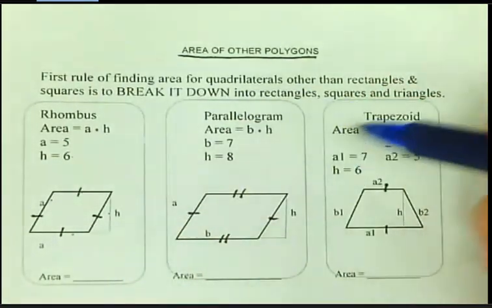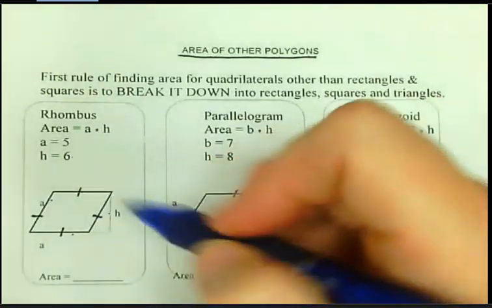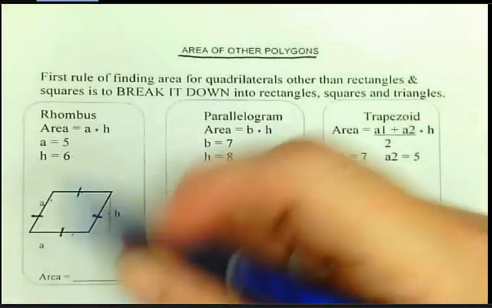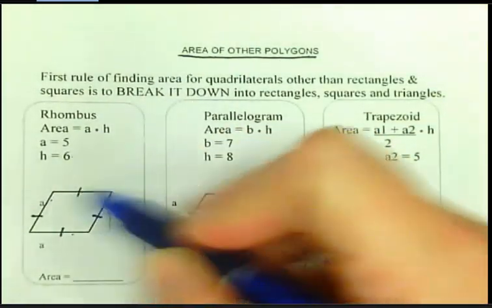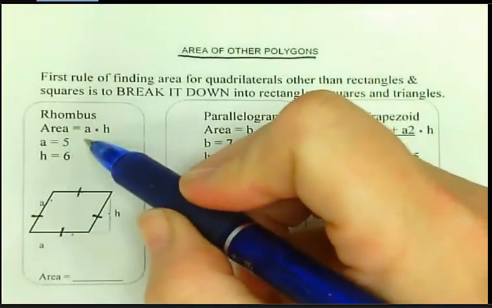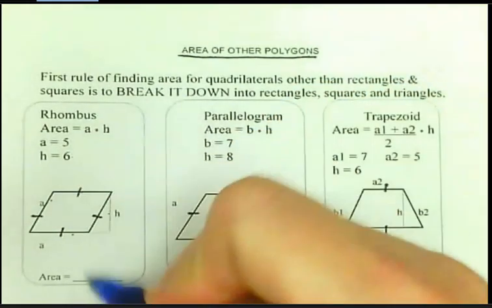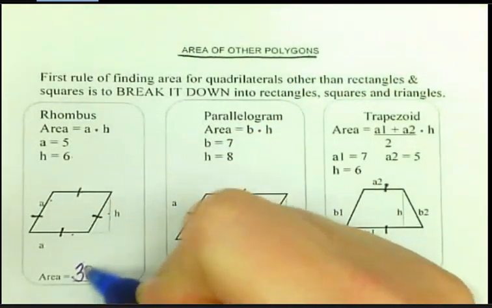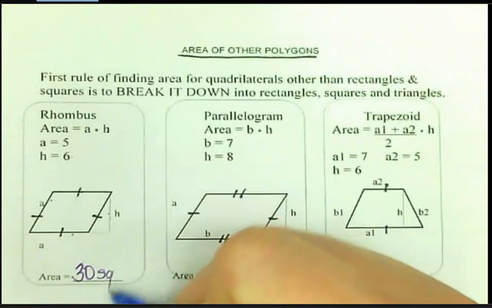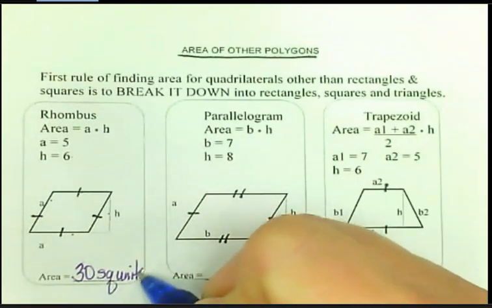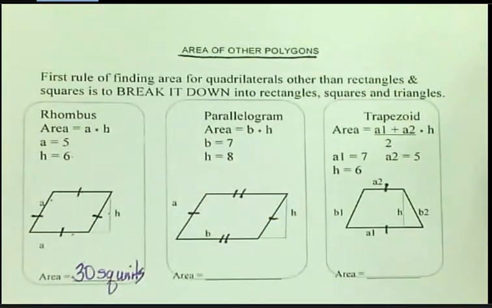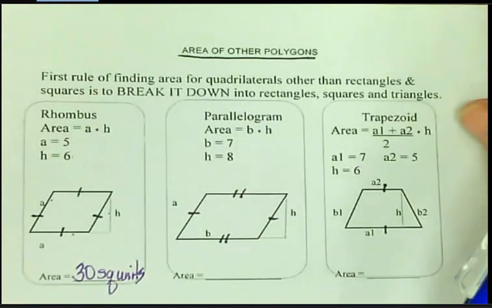Did I tell you whether it's inches, feet? No, okay? So we're just going to use units. So the area of this rhombus is 5 times 6. Well, 5 times 6 is 30. So we have 30 square units. All right? Easy enough, right?